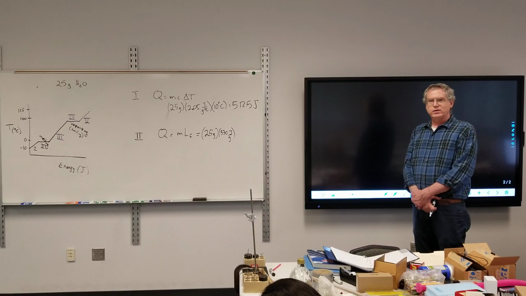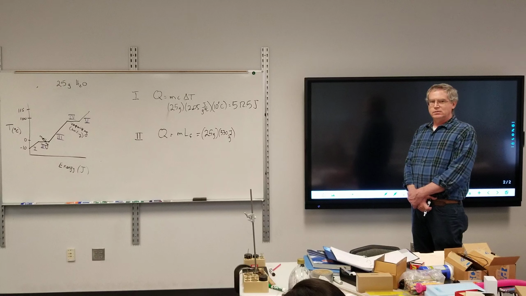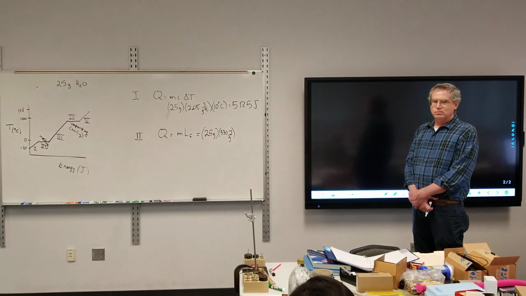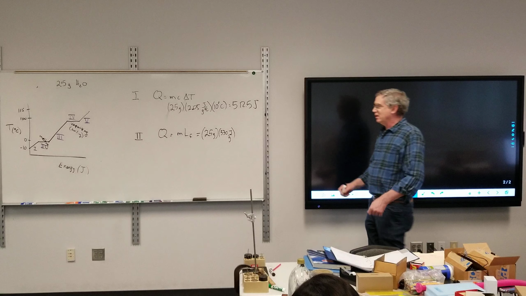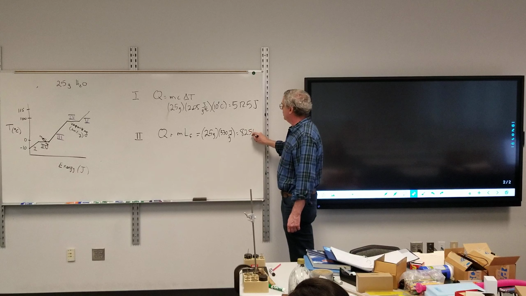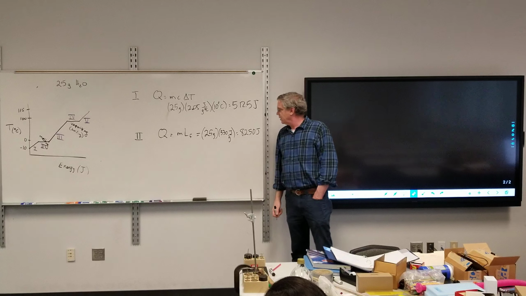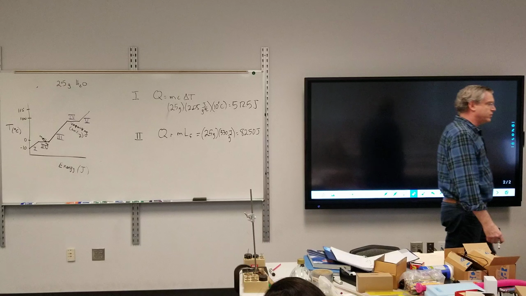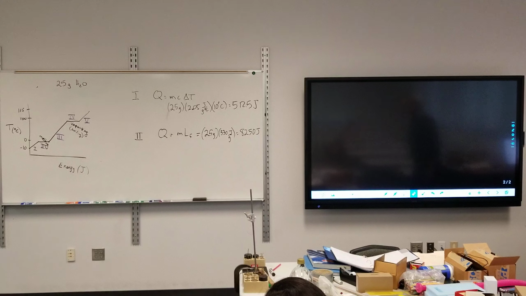And then through the magic of fingers, toes, calculator. 8,250 joules. 8,250 joules. So it takes considerably more energy to melt it than it does to raise the temperature there. Questions up to here?